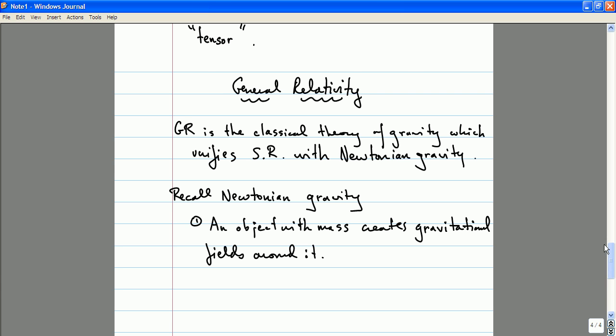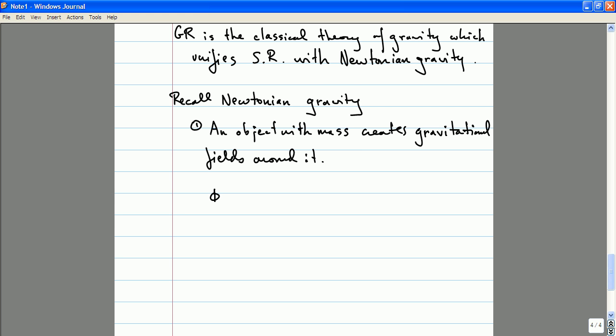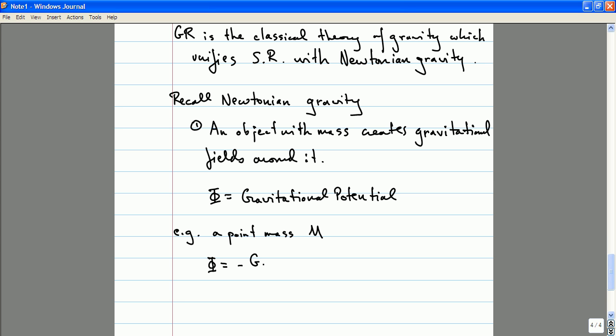So the gravitational field is usually described in terms of a function phi, which is the gravitational potential of the field. And if we have, say, for example, a point mass m, then the gravitational potential is equal to minus GM divided by r, where r is your distance from the point mass.